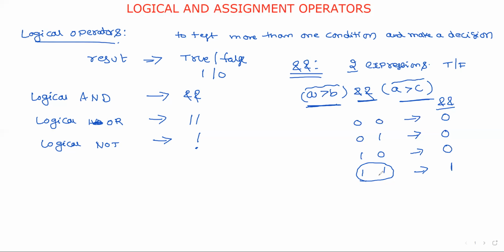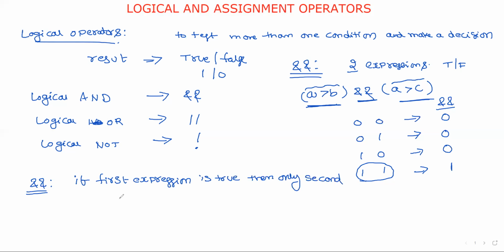And the most very important thing about logical operators is, for example, coming to the AND operation, if the first expression is true, then only the second expression is evaluated.